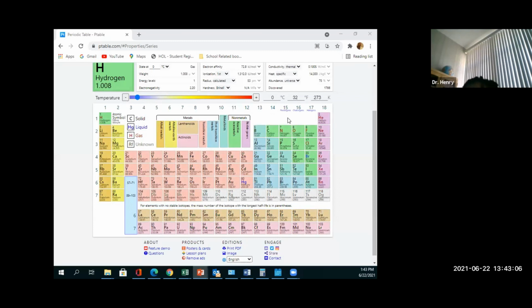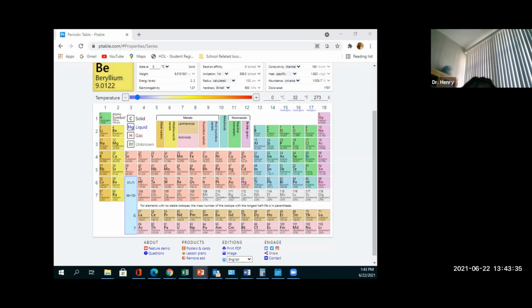That makes sense because over here we have the non-metals, and as we move this way, we start to get metals. It shouldn't be anything surprising, right? It's also going to go from top to bottom. So francium is going to have the most metallic characteristics of all the metals. That's the real metal, you know?